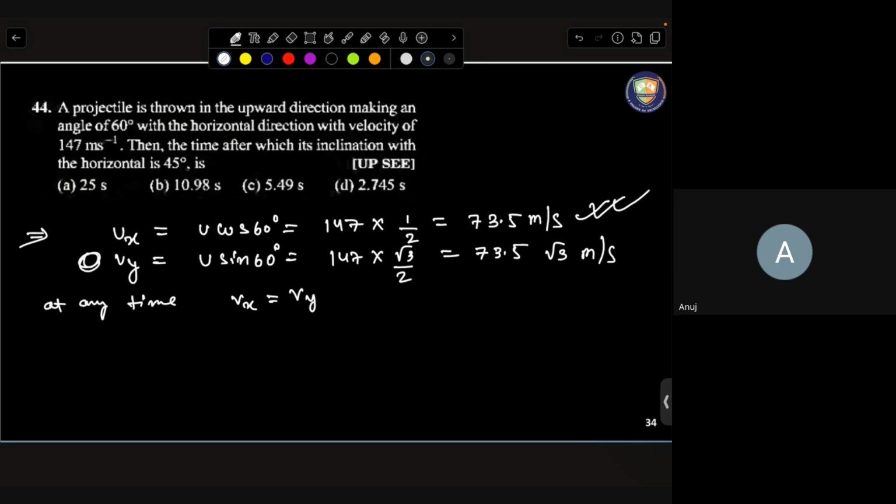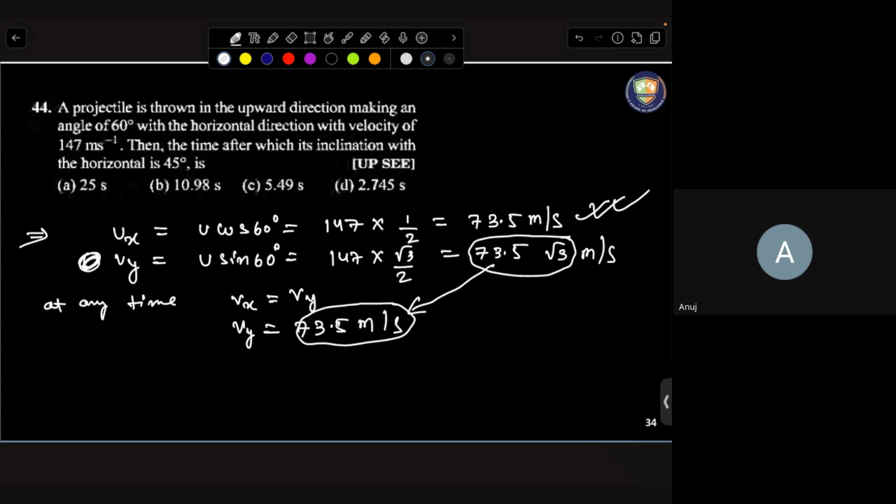Only the y velocity can change due to acceleration, because there is no acceleration along the x-axis. So whatever Ux was there, Vx will be the same. So Vy we are getting as 73.5 meter per second. So from 73.5 root 3, we are reaching 73.5.